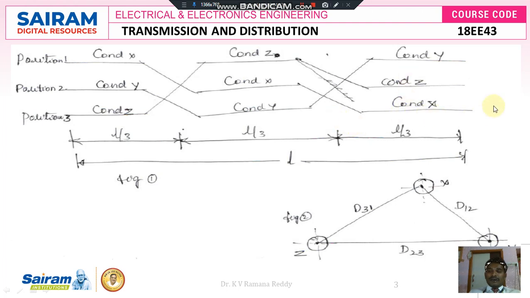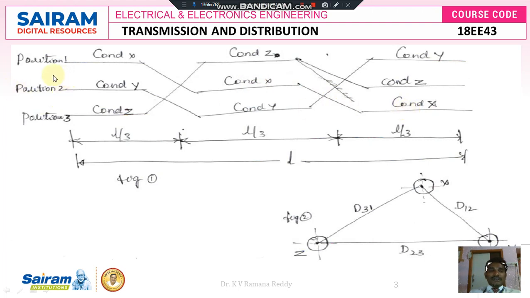And for the change of direction at another tower, it is another L by 3. So if I am going to change the position, for example, if you see that conductor X is at position 1 in tower A, that is transposed to position 2 at tower B and position 3 at tower C.